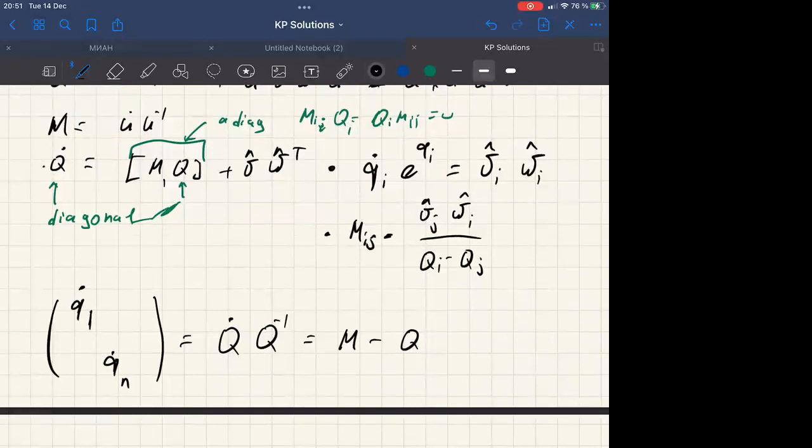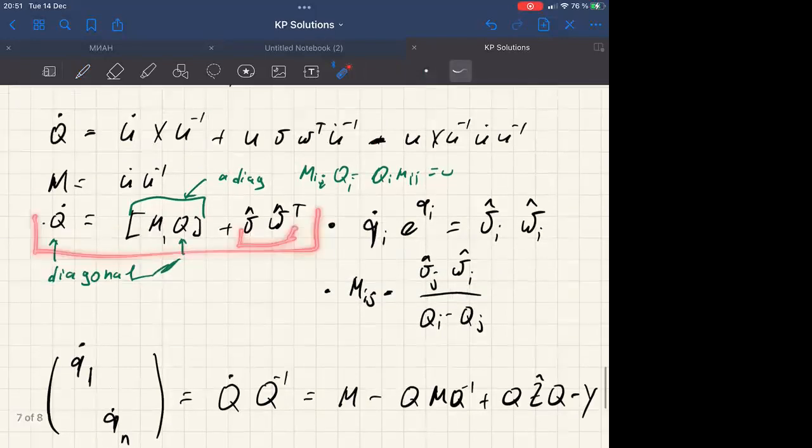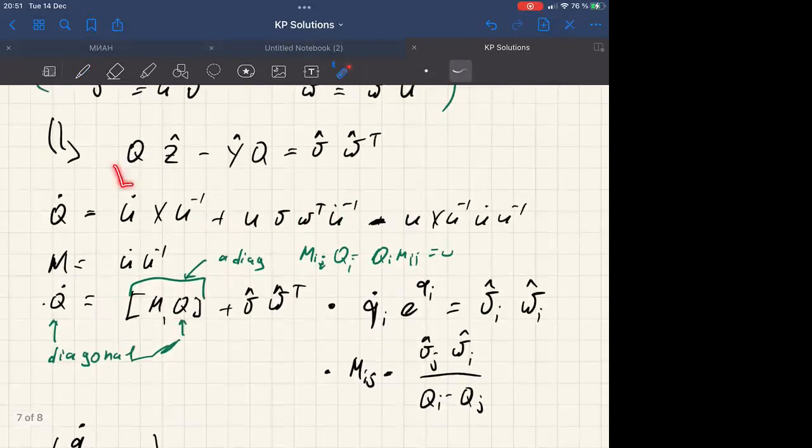Here we use this equation for q dot, and q m minus plus q z q minus y. Here we use this equation, and instead of VW, we replace it by this one.